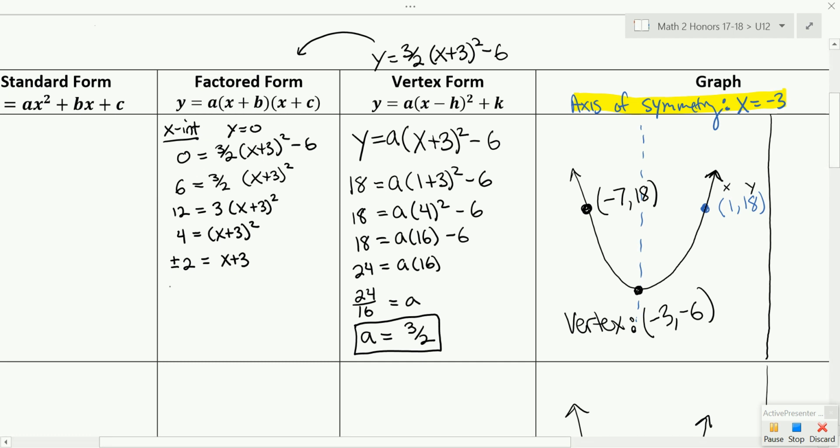I'm going to separate them. I get x plus 3 equals positive 2, and the other one is x plus 3 is negative 2, which gives me two x values. And I found my x-intercepts.